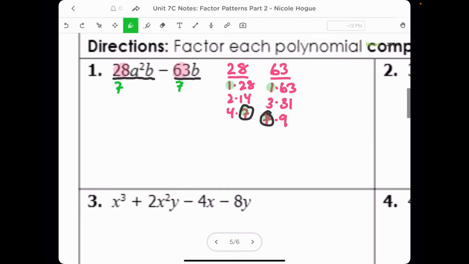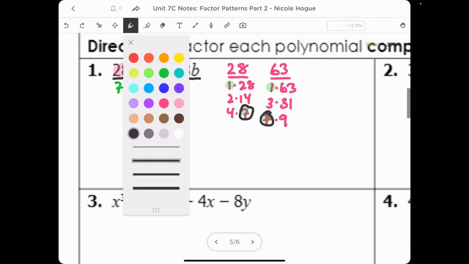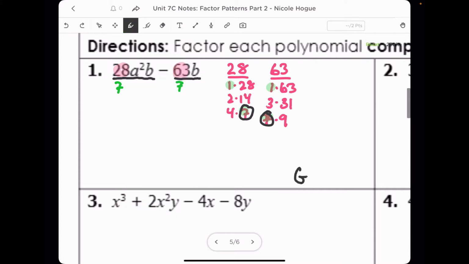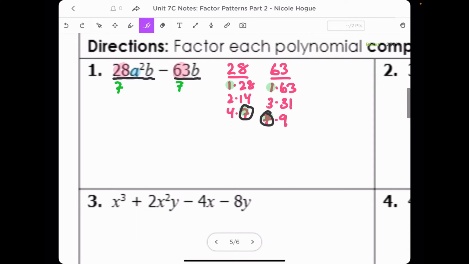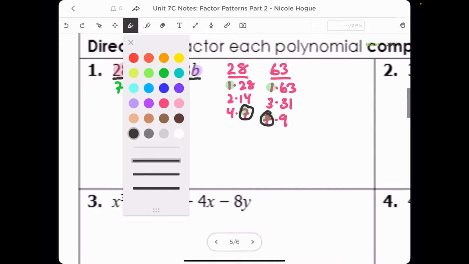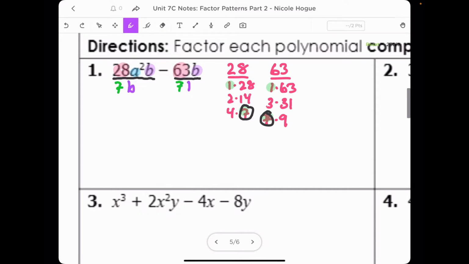So we know that part of our GCF is going to be a 7. What else do we know? Well, with a squared, I do not see that we have a variable a in the second term. So there's nothing that we can pull out with a, but we do notice that they both share a b, so we can factor out a b.